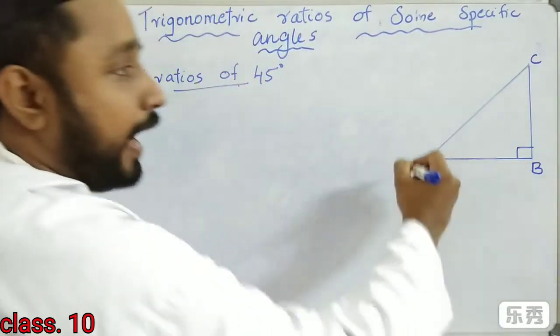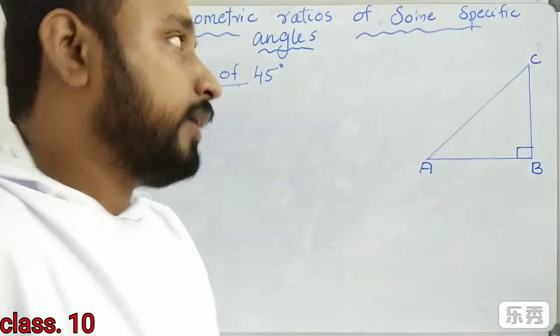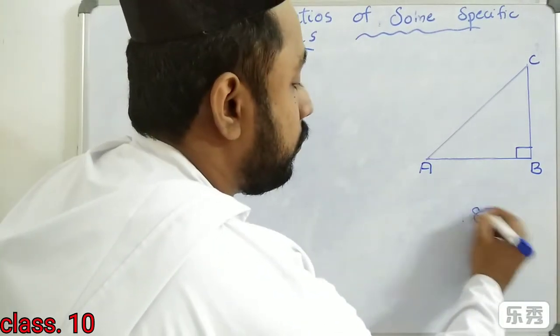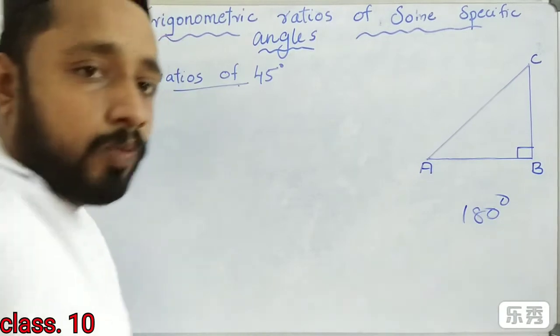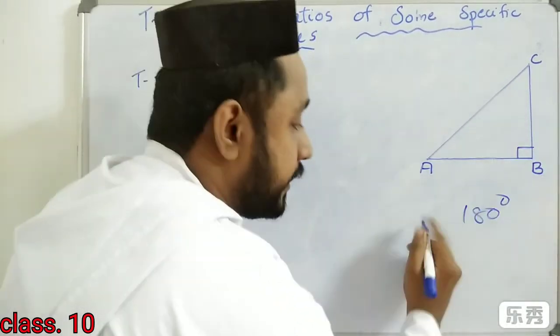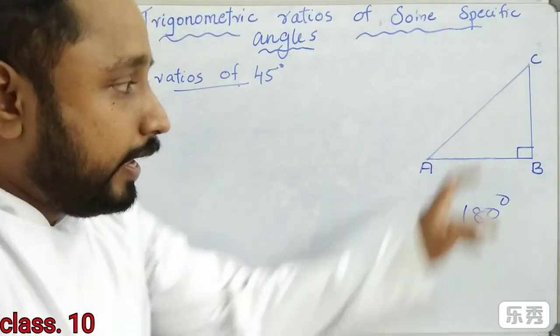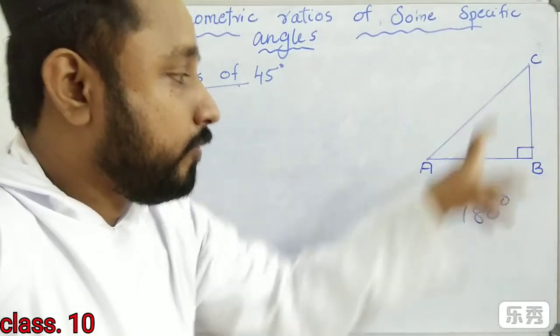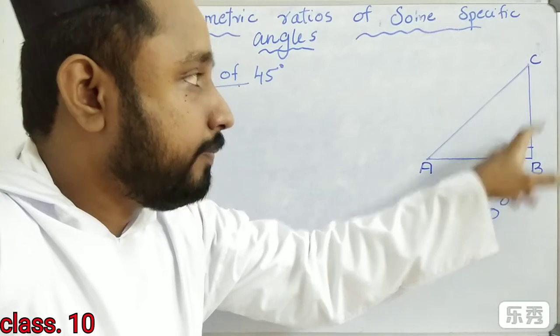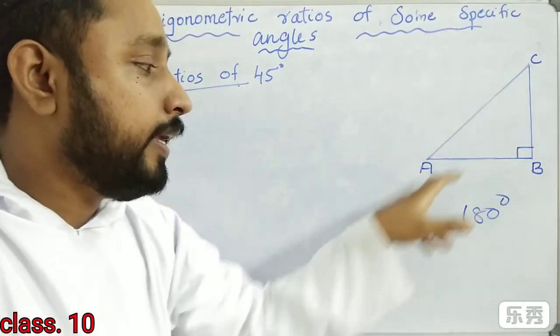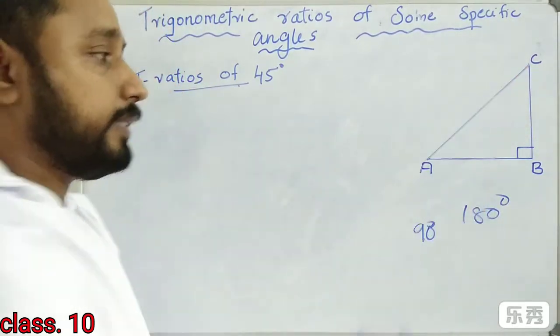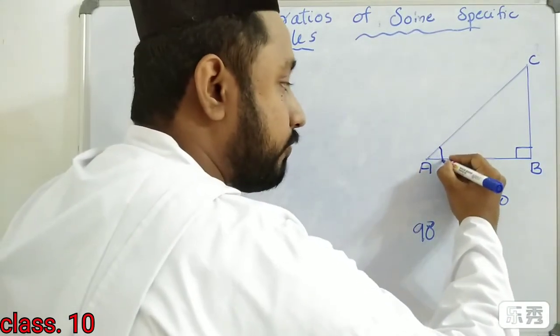The sum of the angles of a triangle is 180 degrees. One angle is 90 degrees, so these two angles are equal. The sum of these two is also 90 degrees and both are equal. So we can say that both are 45 degrees.